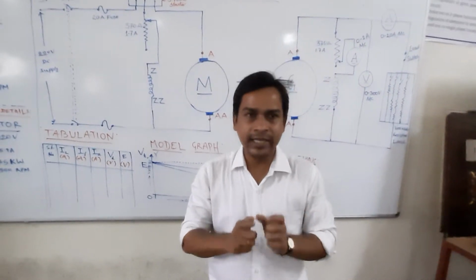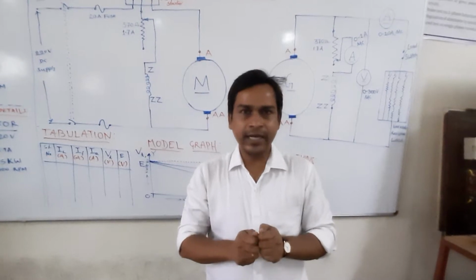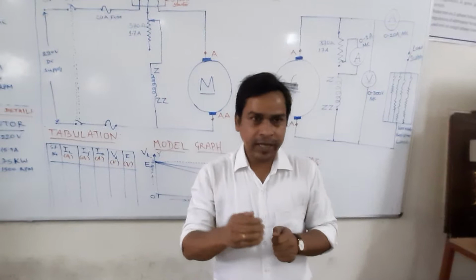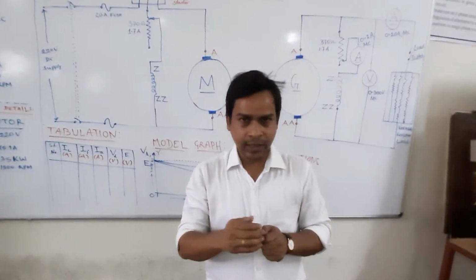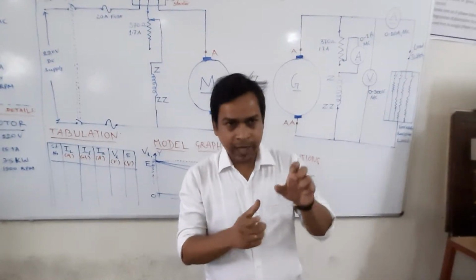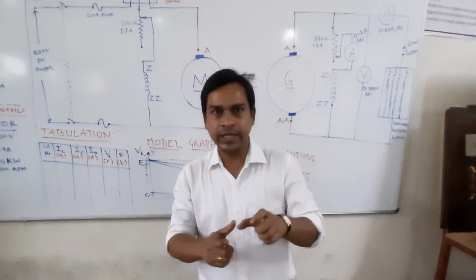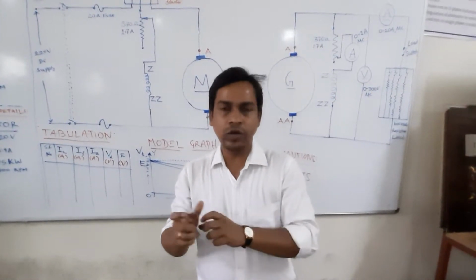That is what I ideally expect, but practically it is not like that. Practically, as you keep on increasing the number of loads connected to the generator, the terminal voltage generated by the shunt generator keeps on decreasing.